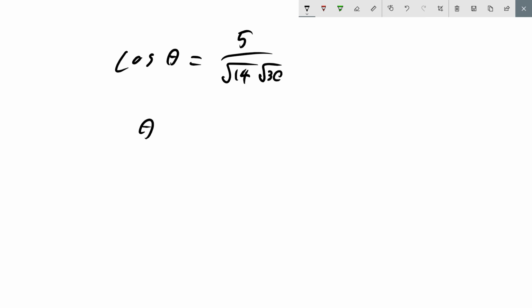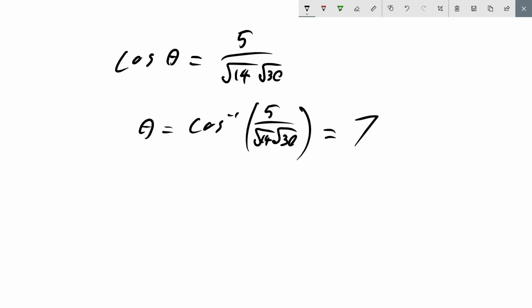So we'll do inverse cos. So theta is going to equal cos inverse of 5 divided by root 14 root 30. And that equals 75.88 degrees. You can put that into a calculator and it'll spit out an approximate answer like that.